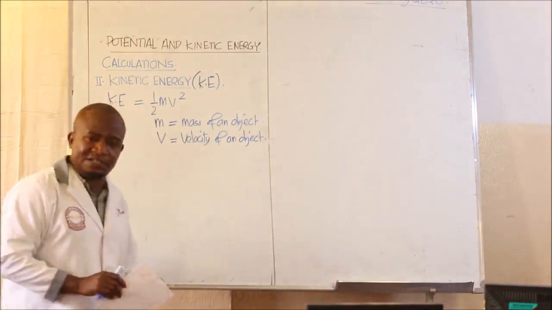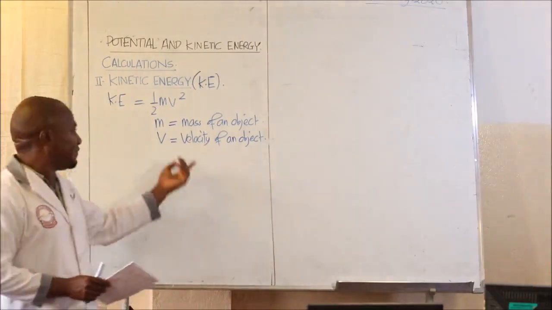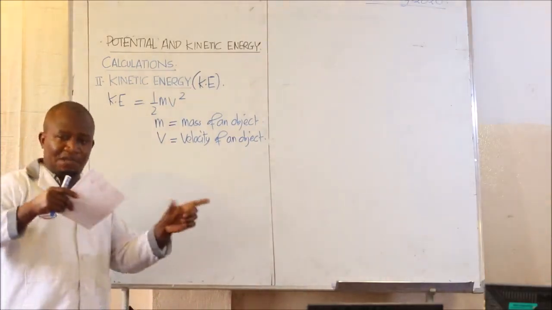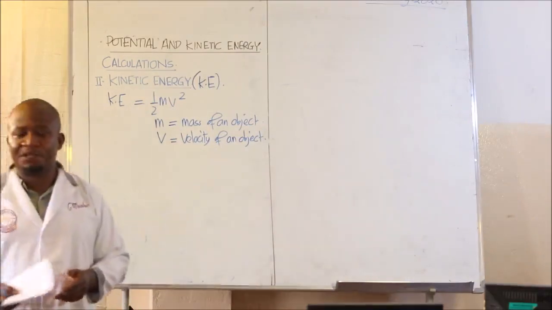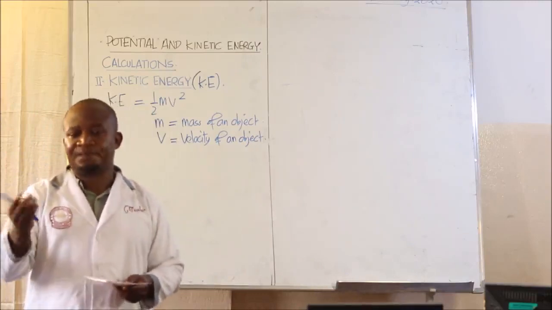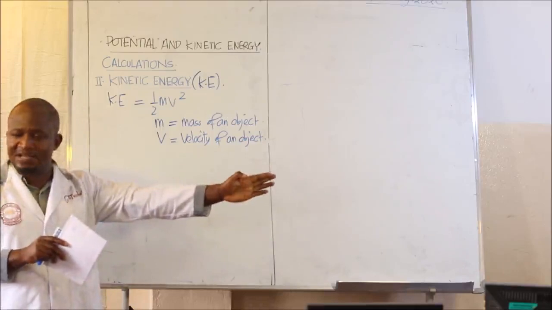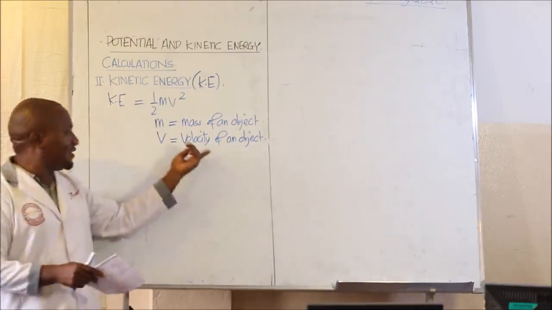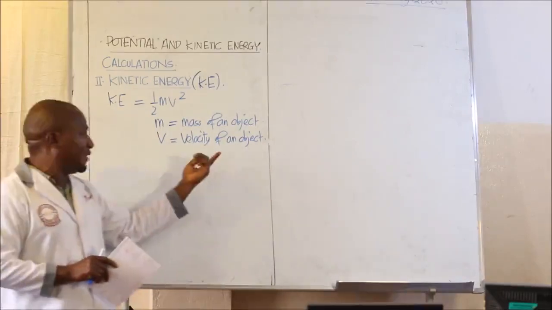Now, some of you might find it very new and confusing, but the term velocity means speed, or you can say velocity is displacement per unit time. It is like speed, but this time in a specific direction. With velocity, we do have a specific direction, but with speed, we don't.